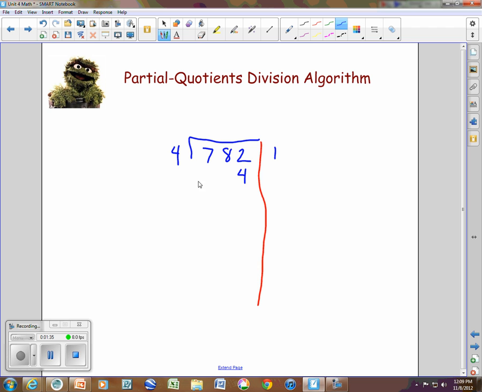And I could take that chunk away from 782. And when I do that, 2 minus 4, I have to regroup. 8 becomes 7, 2 becomes 12, that's 8, 7, 778. So you could see that if I kept taking chunks of 1, 4, we'd have a long way to go to break down this number into the different groups of 4.